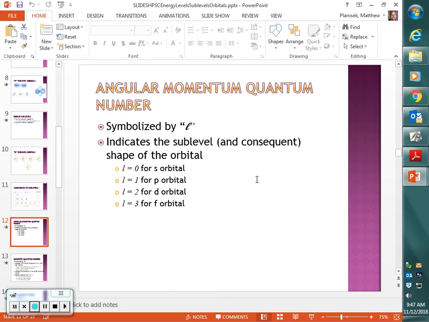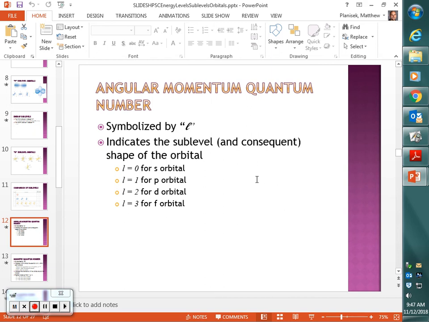Next one we talked about were p orbitals. What are p orbitals? Those are hourglasses. So any hourglass, regardless of what energy level it's in, will be a p orbital.